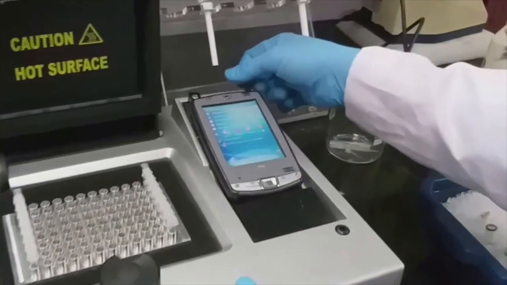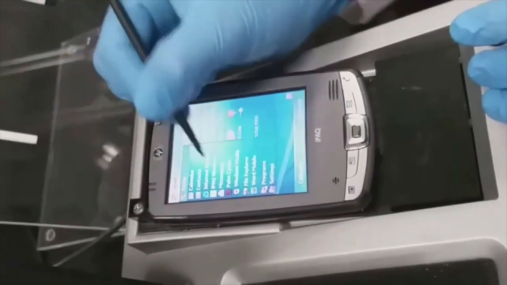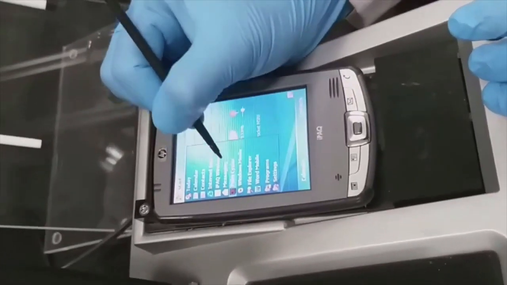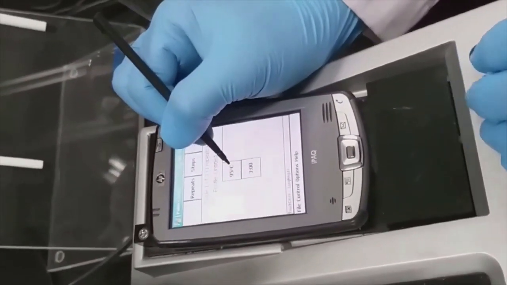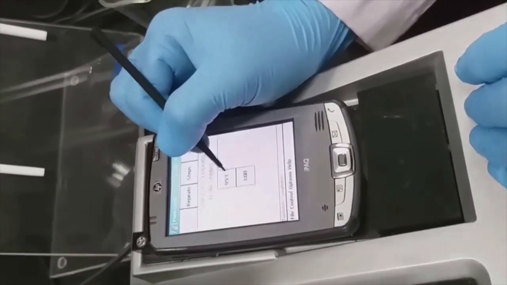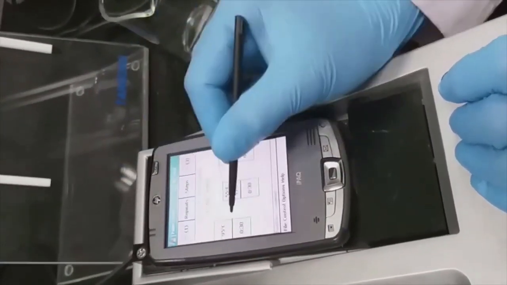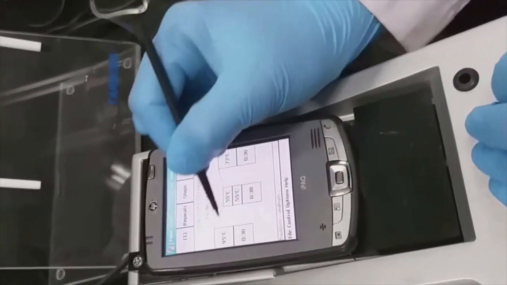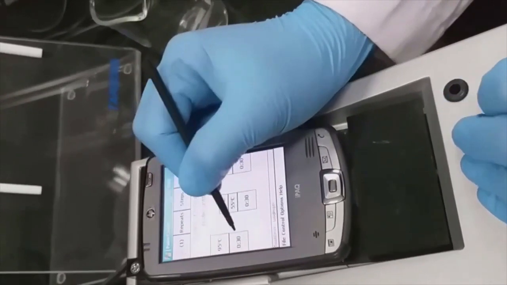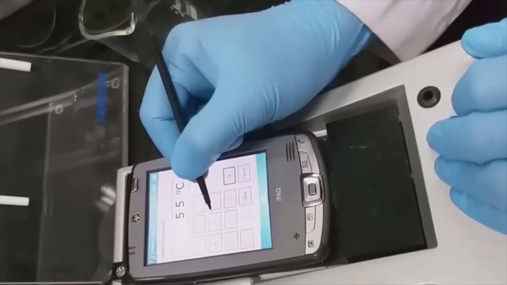For setting up a PCR reaction, initial denaturation is at 95 degrees Celsius for 3 minutes, and then for these steps we will use 30 repeats, where denaturation will be 30 seconds, followed by annealing and extension.